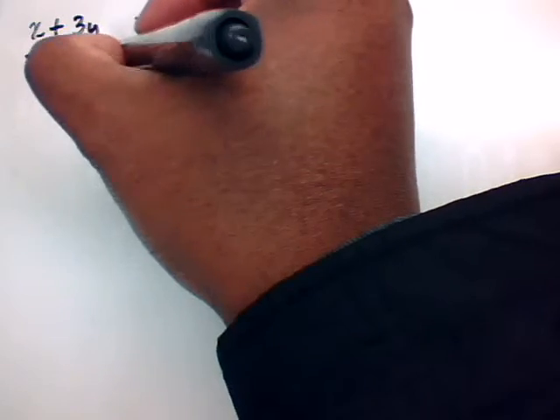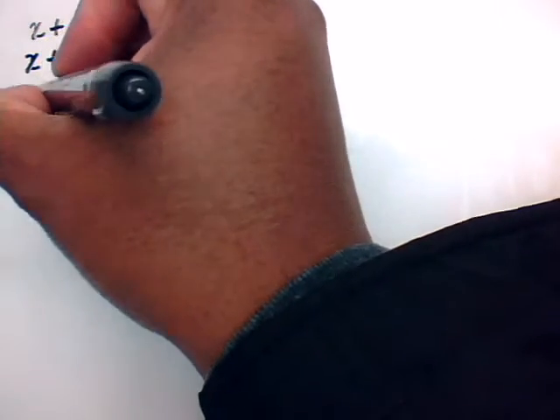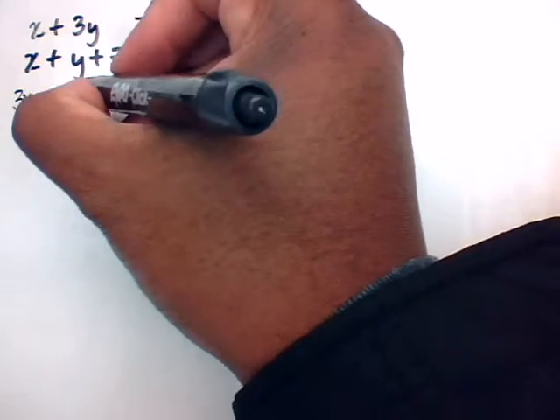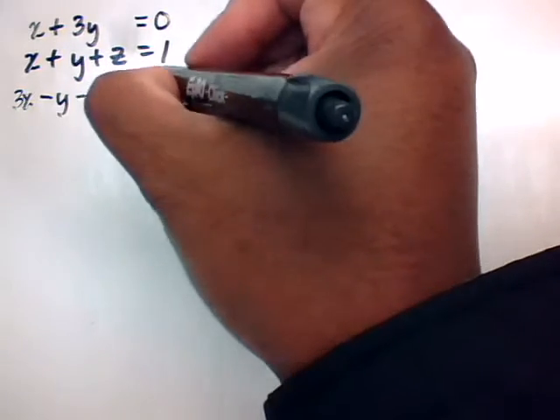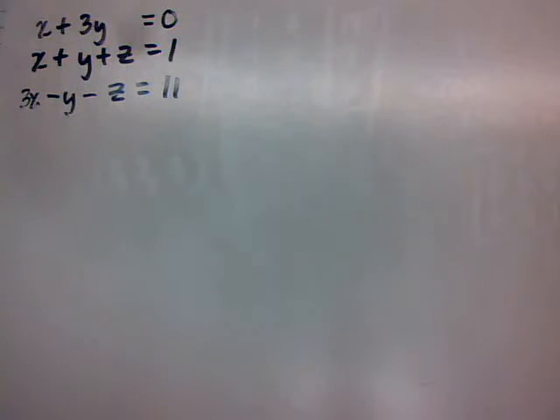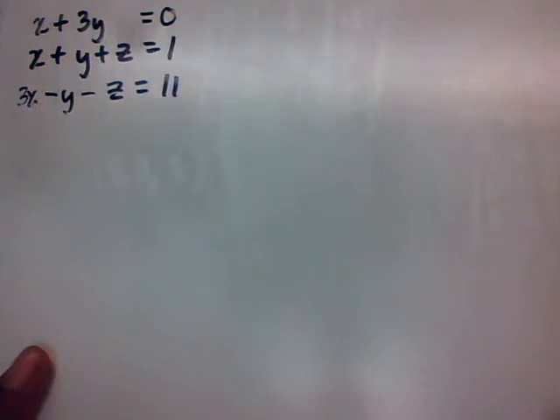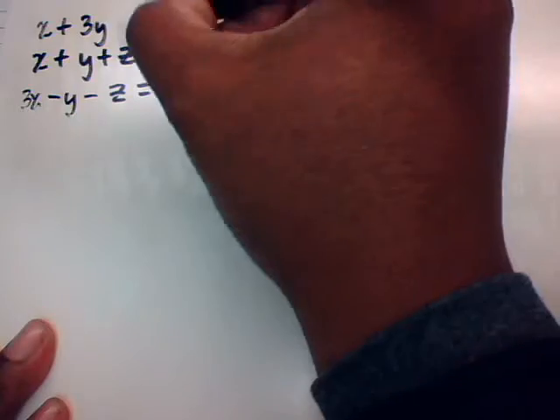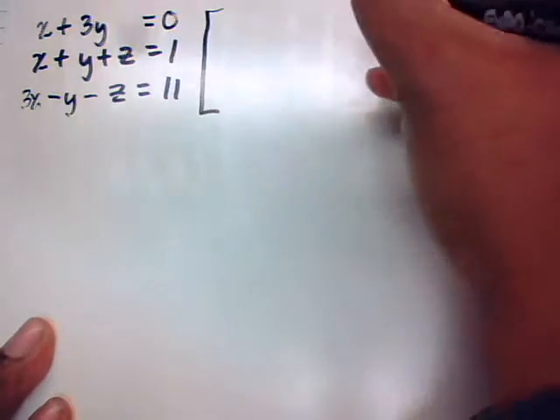And then the next equation is x plus y plus z is equal to 1. And then the third equation, 3x minus y minus z is equal to 11. And here I want to use my graphing calculator to solve this system of linear equations. Let's first convert this into an augmented matrix.